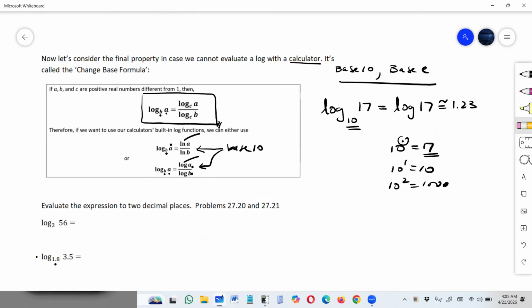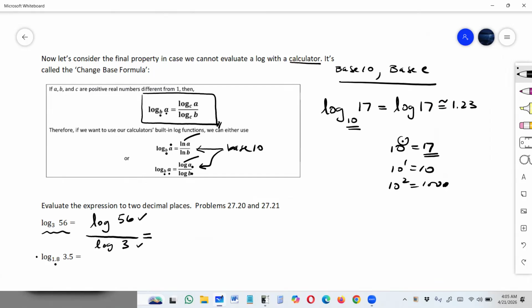So you can do that using this change of base formula, and the main thing is now you can use a calculator for it. So for example, this question would be log base 10 of 56 over log base 10 of 3. And now the calculator can do this and that.